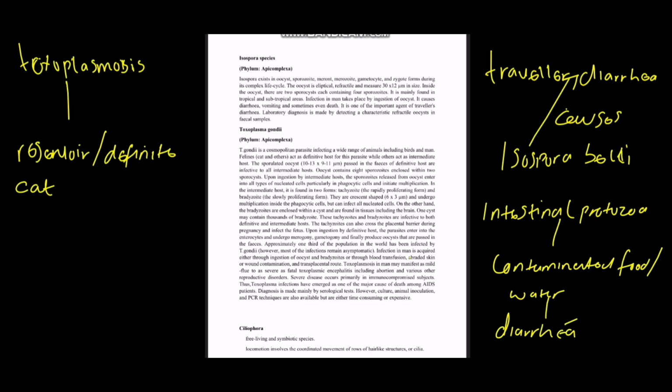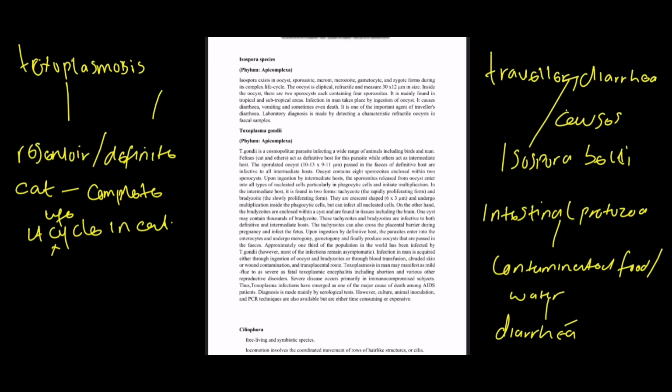Since I say definitive host, it means that it completes its parasitic life cycle in cats. Mostly it is transmitted in different ways.